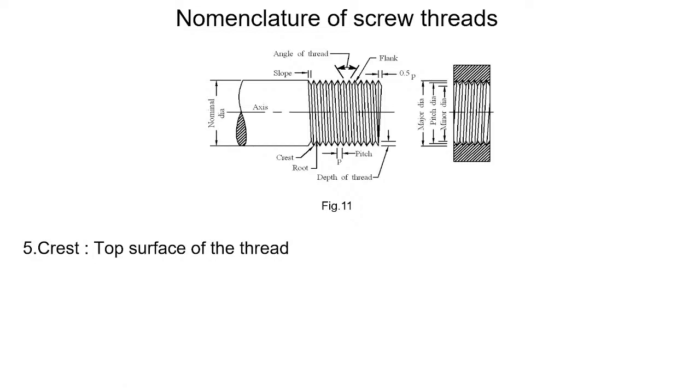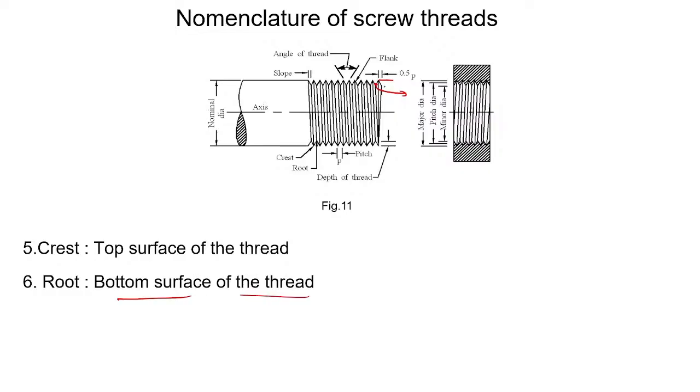Next parameter is crest. Crest is the top surface of the thread. This point is referred to as the crest. Next is root. Root is the bottom surface of the thread. So here the lowest part in the thread is called the root.